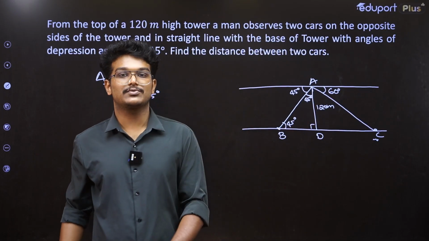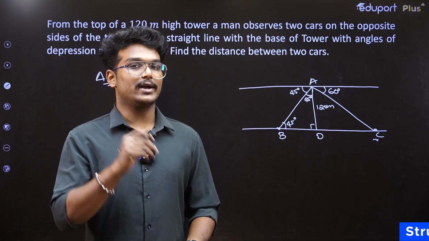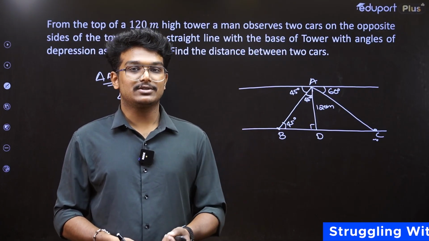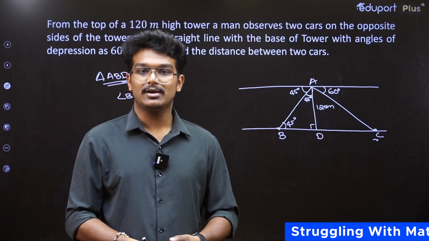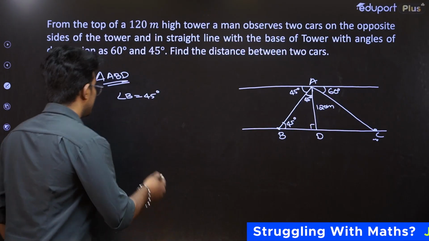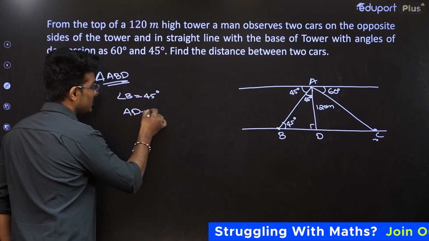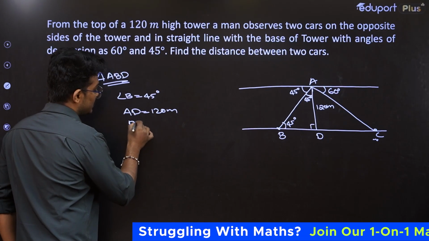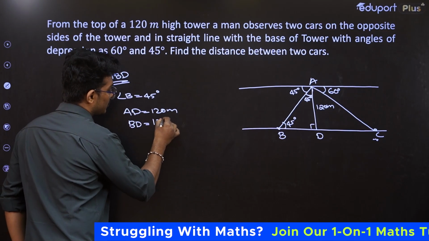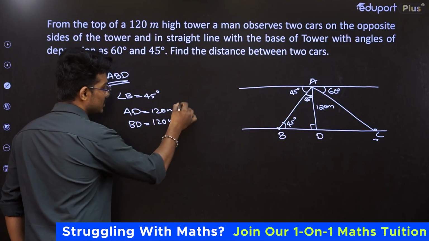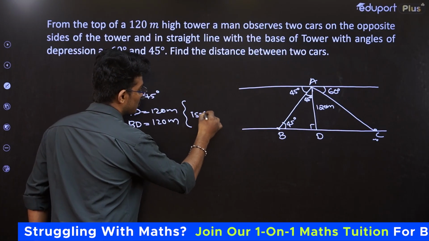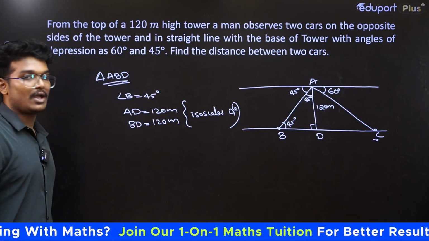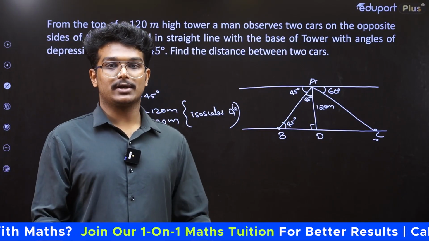So 45 plus 45 plus 90 is equal to 180. So two angles are equal, then the two sides will also be equal. So AD is equal to 120 meter, then BD is also equal to 120 meter because they are isosceles triangles. Okay, hope you are clear.